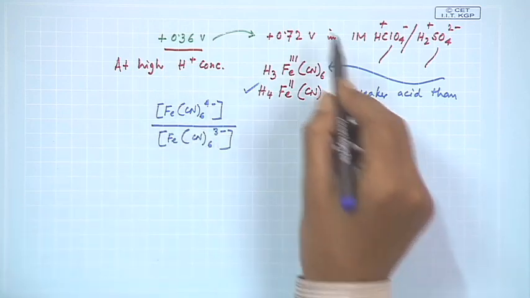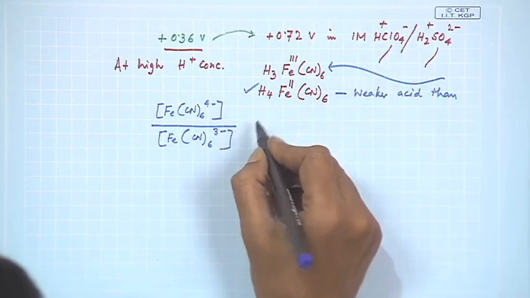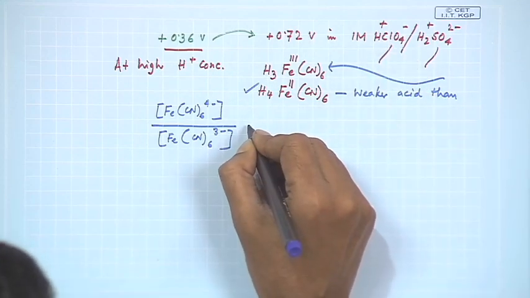So in high acid concentration you have a change in the ratio of these two.